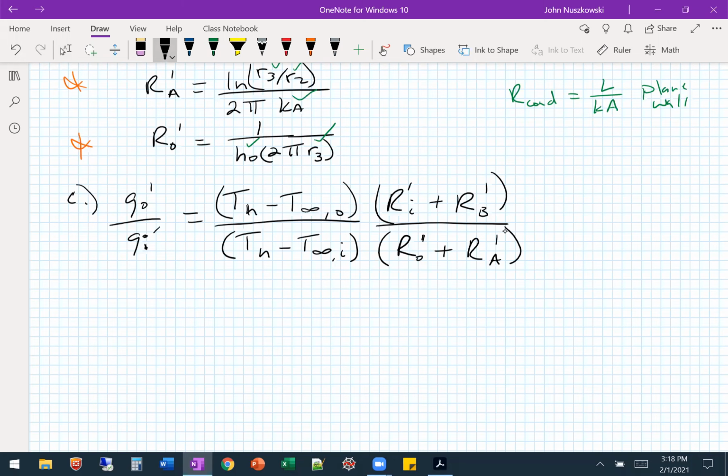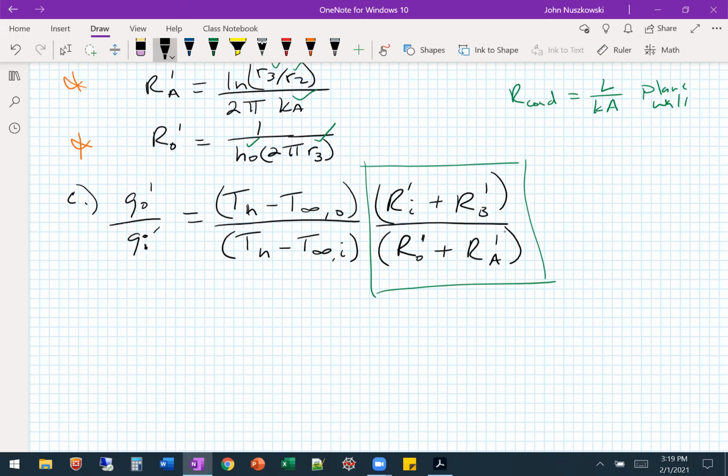The only things we can mess with are in the design, like the heater, since T infinity is more like a fluid or the outside air. Let's assume those are set with our application. So either we can increase R outer plus RA, or drastically decrease R inner plus RB, or any combination of those.